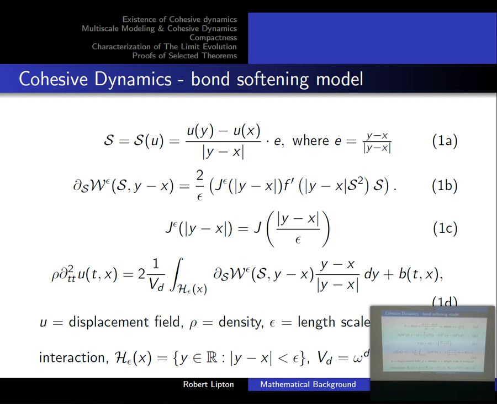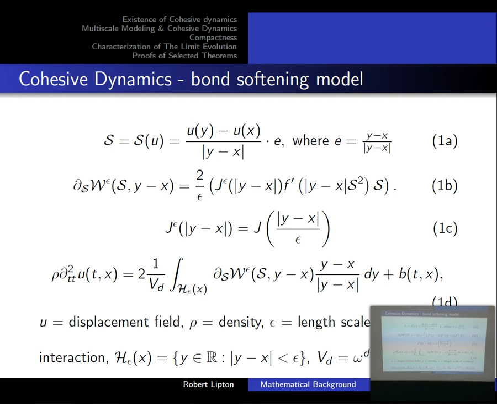Okay, so maybe for points y closer in, this potential is a bigger value, and for y further away, close to the boundary of the horizon, maybe it's smaller, and this is the potential right here. And we'll scale it with the horizon, okay? So we'll define it really on the unit ball and then rescale it.